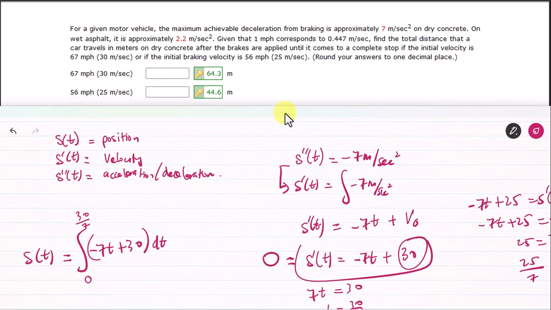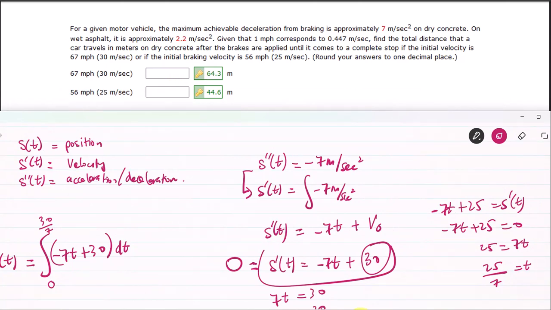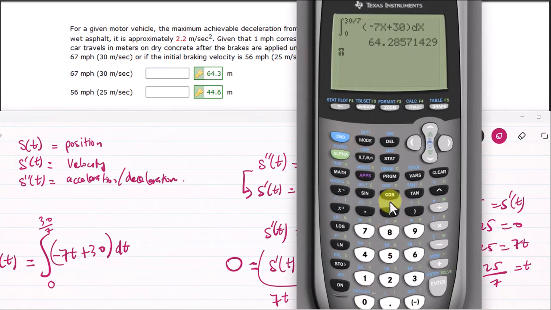Now we apply the same thing just like before. Instead of 30 over 7, it is now 25 over 7, and instead of 30, we change it to 25 because my initial velocity now is 25, and that will give me the total distance traveled, 44.6 meters.